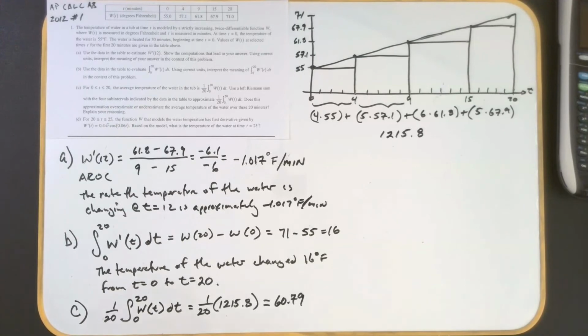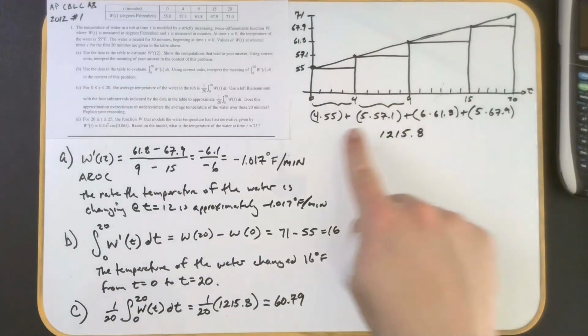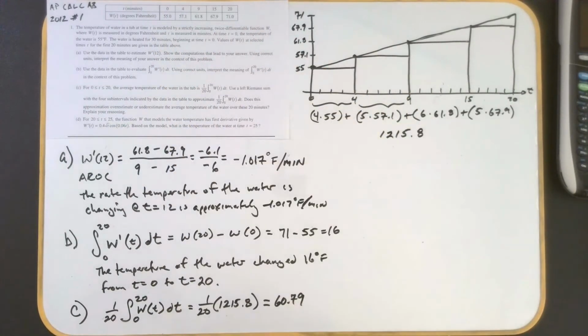If the water started at 55 and warmed up to 71, what was the average temperature of the water in the bath? About 61 degrees. Doesn't sound too outrageous, somewhere in the middle of the interval. And we got that approximation using Riemann sums.